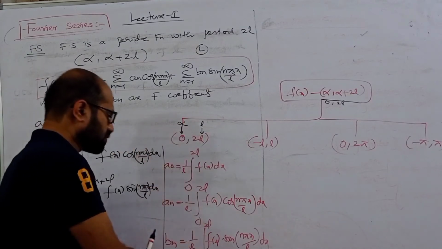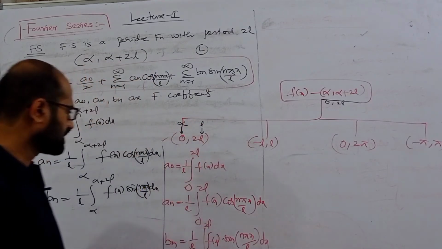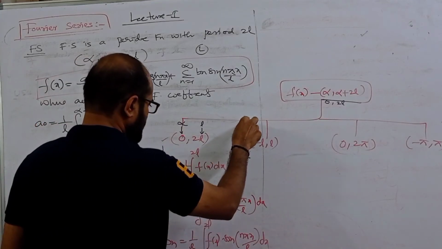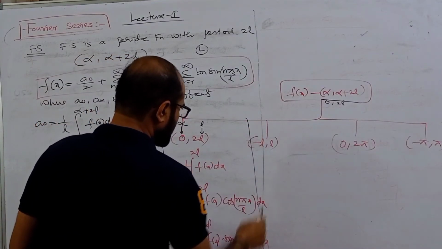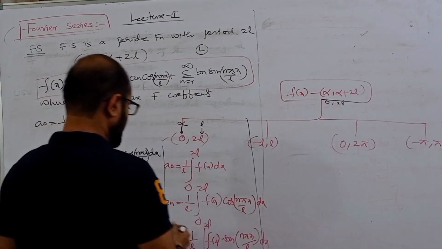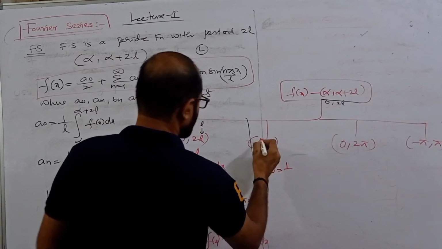Now in this, if the question is given in the interval 0 to 2L, you write down these formulas for a0, an, bn. For example, if the question is given in the interval minus L to L, then how can you write? Then simple. What is a0 for minus L to L?